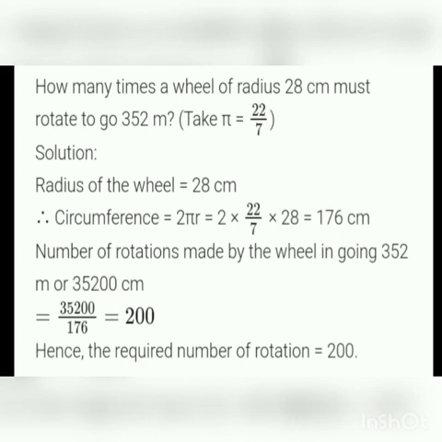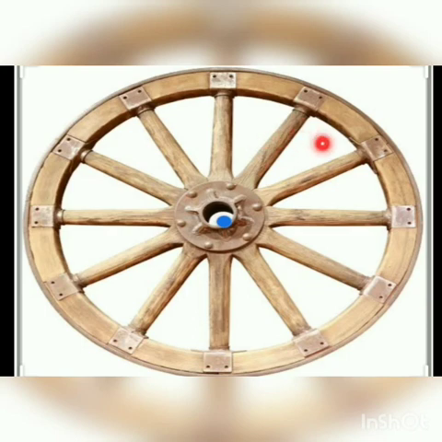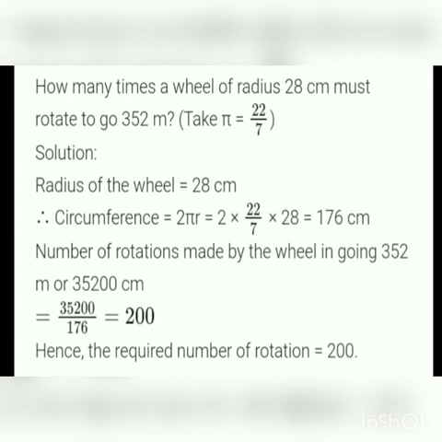The question was how many times this wheel rotates to cover a distance of 352 meter. The radius of this wheel is given, so when this wheel rotates one time, the distance it covers is the circumference, and that was 176 centimeter. We converted meter into centimeter, and the number of rotations was 200.